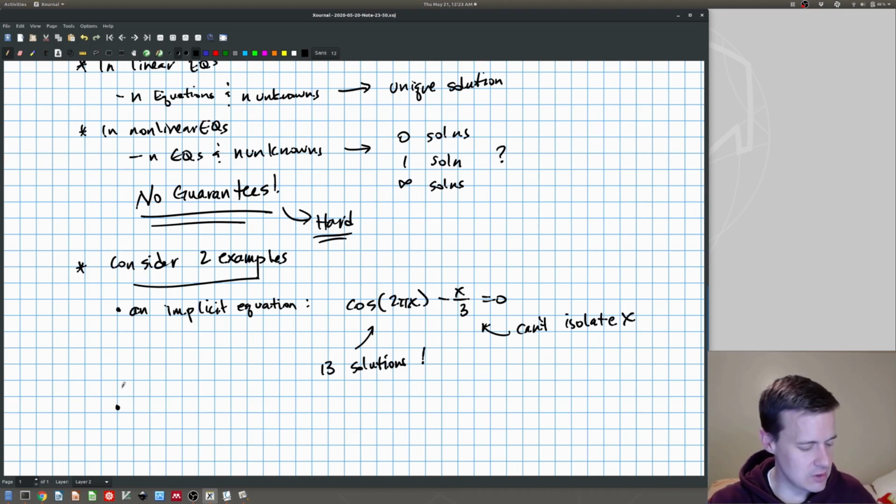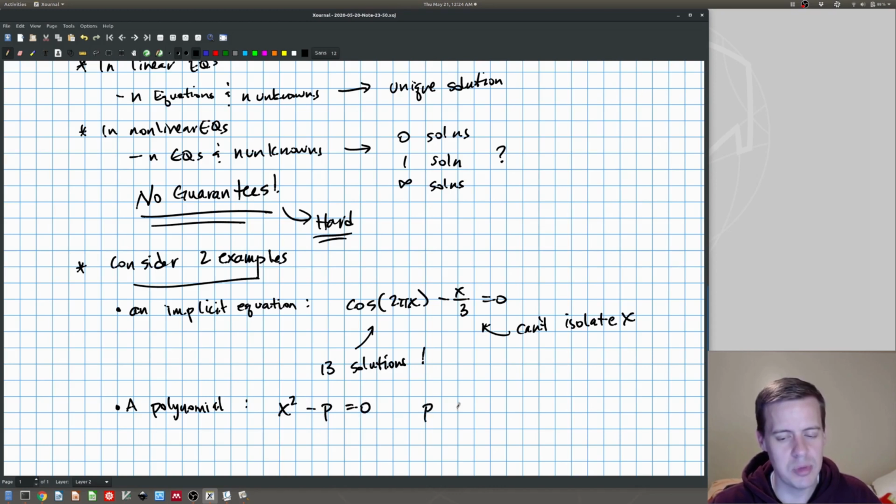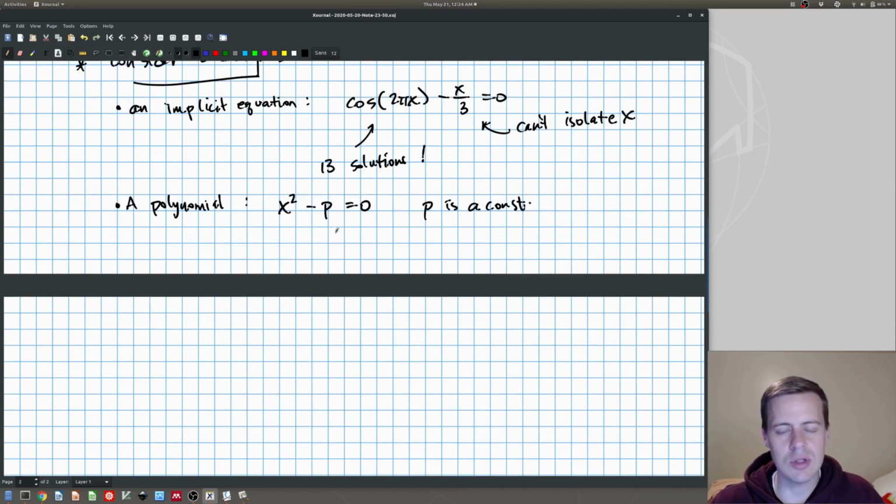This one is another class. This would be a polynomial, a straight polynomial. In this case, we might have something like x squared minus p equals 0, where p is a constant. In polynomials, I'm certain you've encountered this kind of equation before, say in a high school math class. And we know that we have an explicit formula for this, so you can use the quadratic formula.